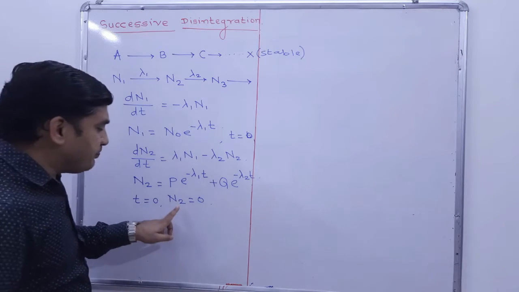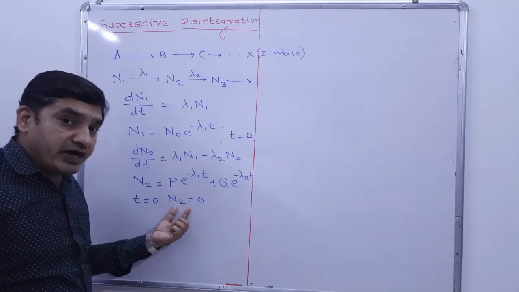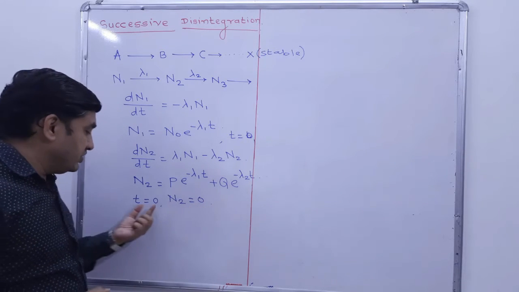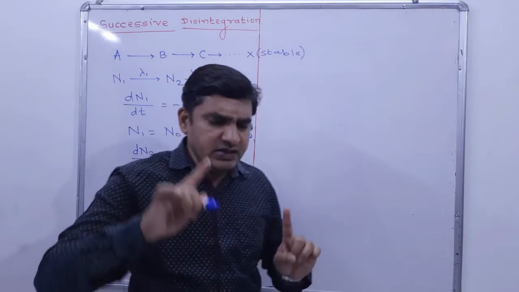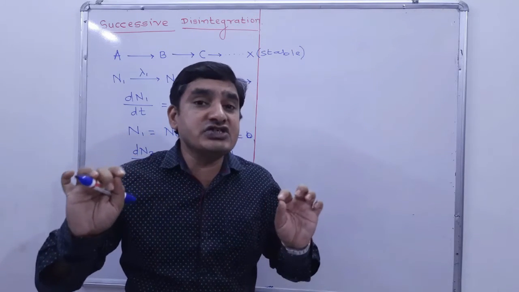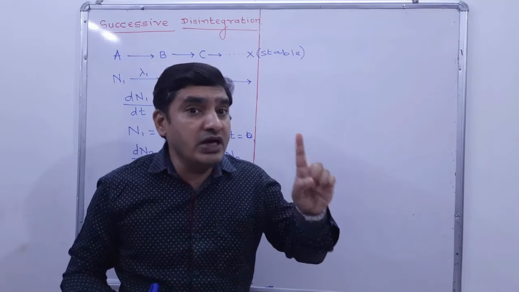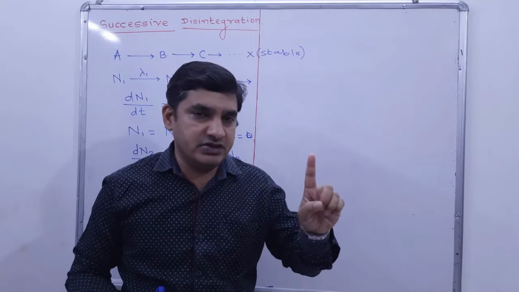Okay, when we put the value, that is the number of radioactive nuclei for daughter, it is equal to 0 when t is equal to 0. That is, at the initial time, only the parent atom is present.